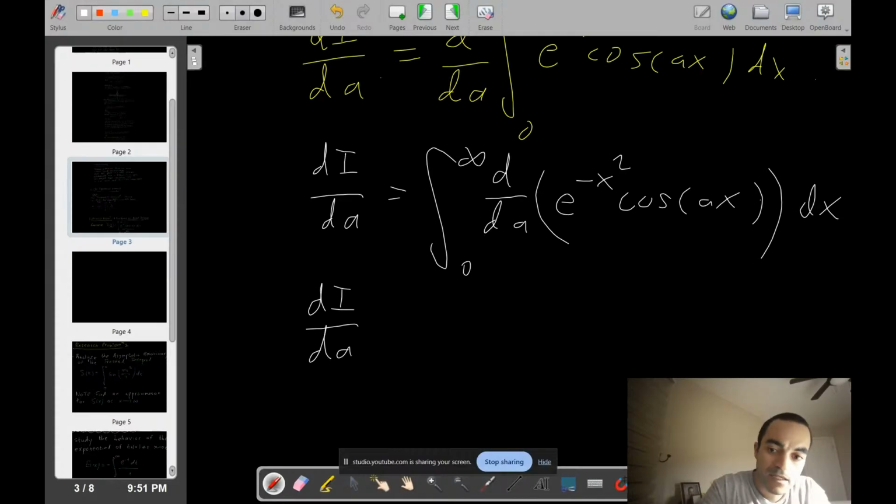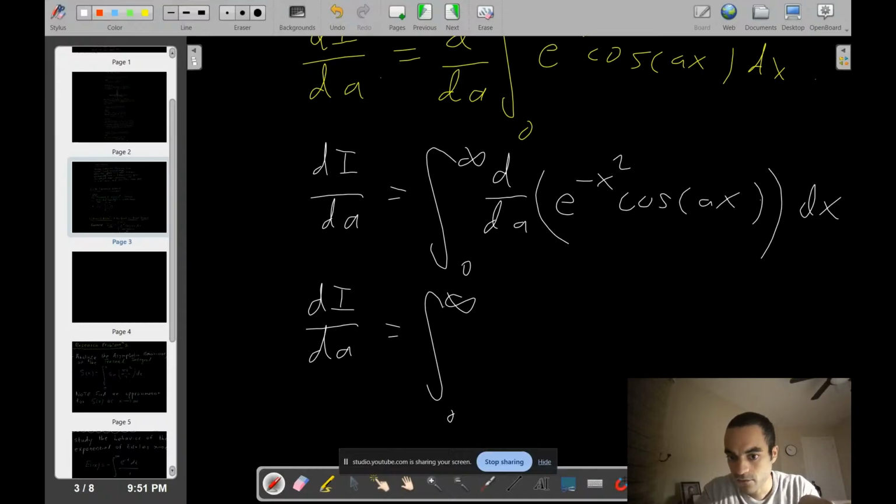right? So dA equals integral from 0 to infinity of d by dA of this. That means that everything else is a constant, right? So if I'm differentiating with respect to A, all the x's are constant. So this now becomes x times e to the negative x squared.